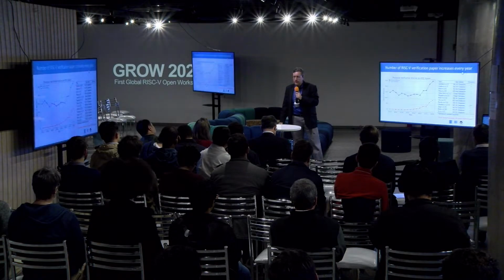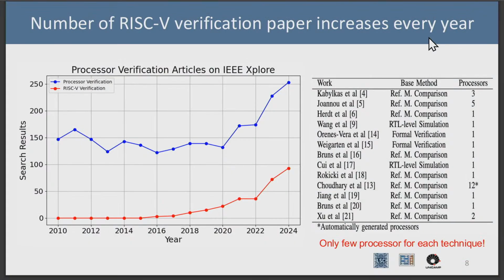And the key idea is that if you look at papers published on RISC-V verification over the years, this red line keeps increasing, while research on processor verification was almost stable before. So people are moving to verify RISC-V processors because it's open source, and we can share the results from one category to the other.